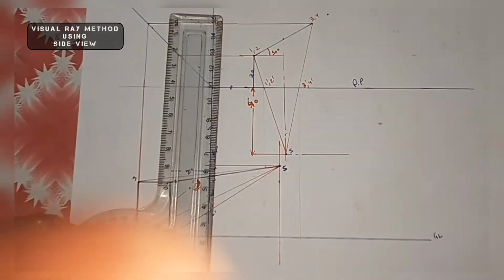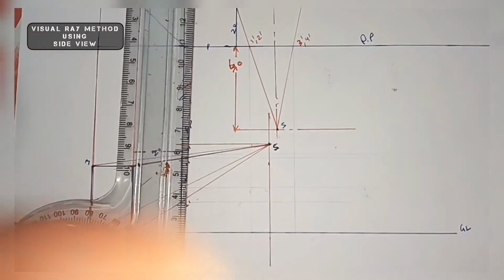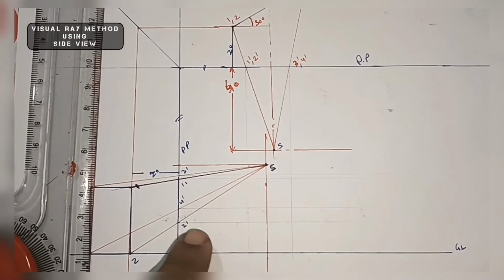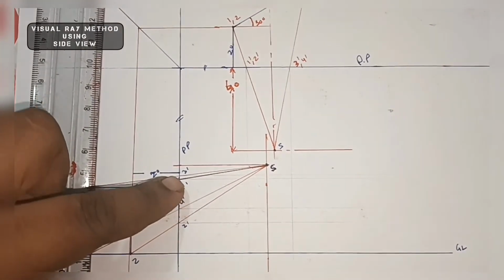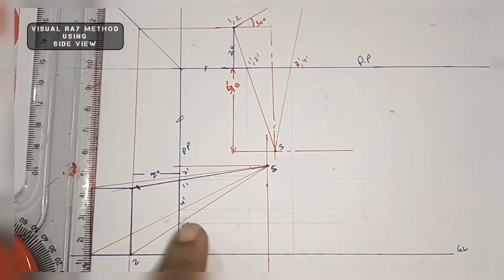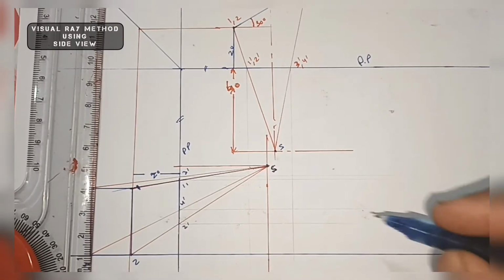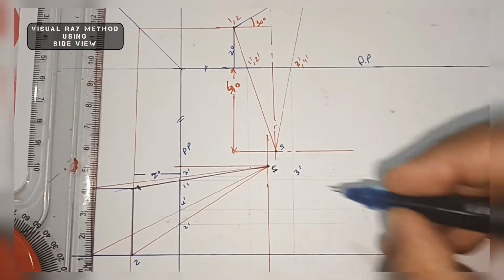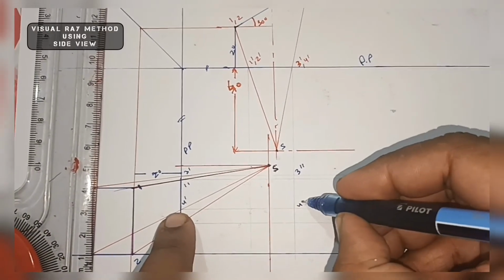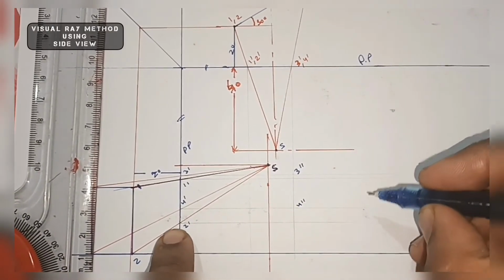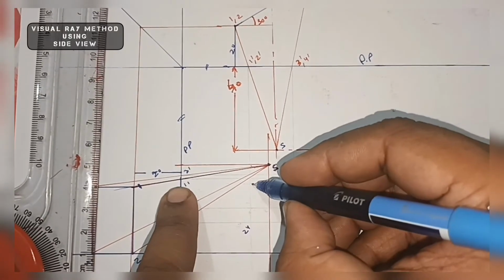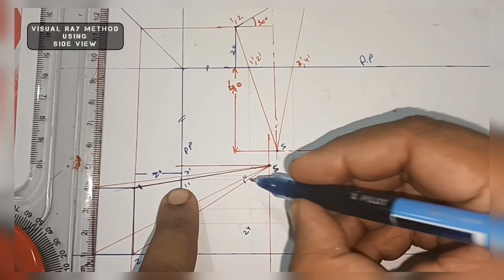I had drawn the lines from this side and the perpendicular lines from this side, so we can locate. If this is 3 dash, then this is also a 3 double dash point, this is 4 dash, this is 4 double dash point, this is 2 dash, and this is 2 double dash point, this is 1 dash, this is 1 double dash point.